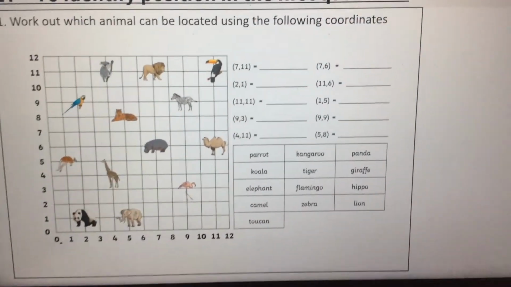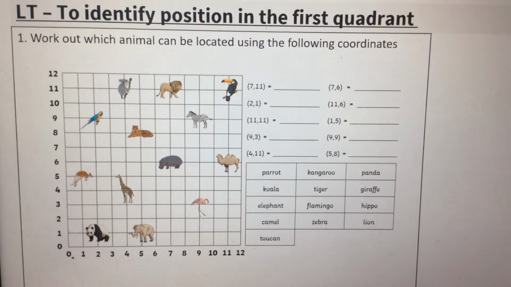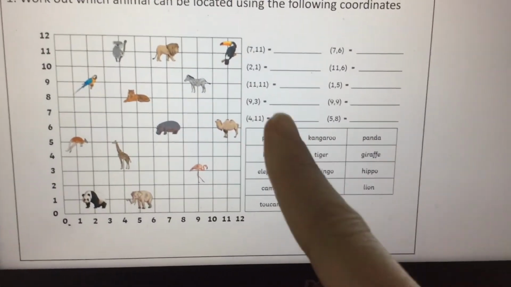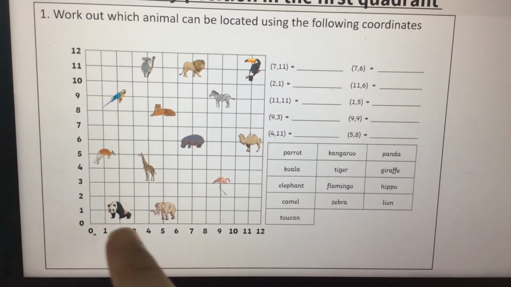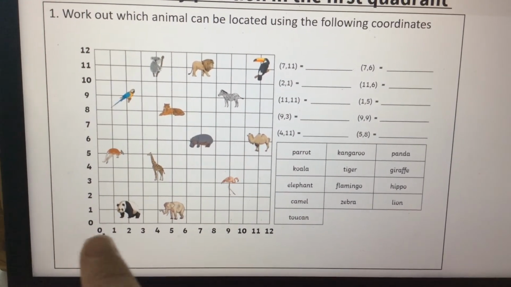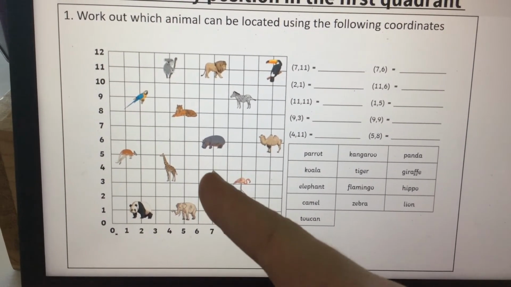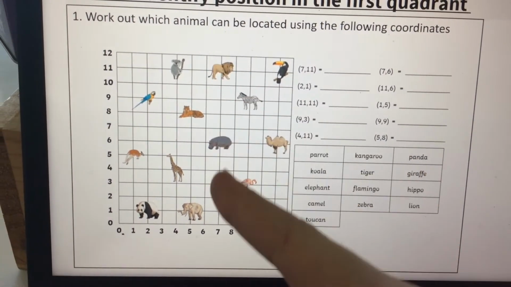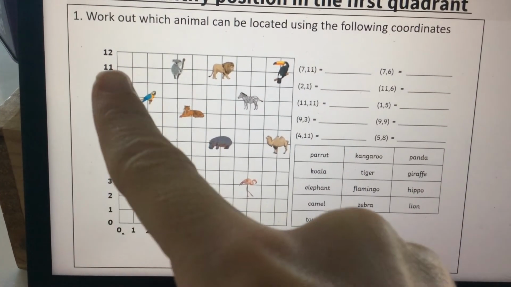Okay, so your first task is to read the coordinates. So you've got 7 and then 11. So remember, we always start with the x value, with the horizontal line. So 7 is there. So it's going to be something along this vertical line here. And then 11 on the y-axis.